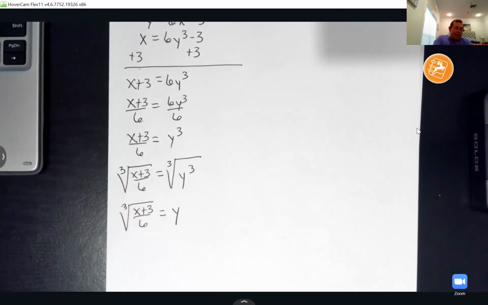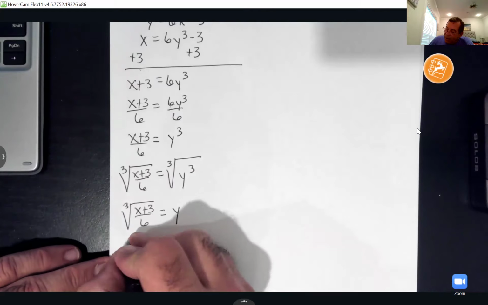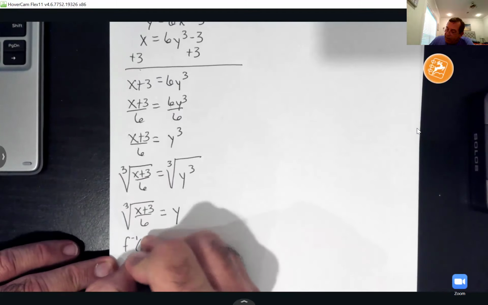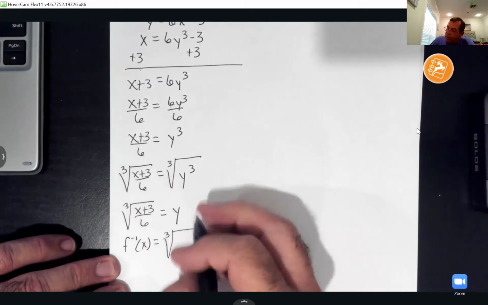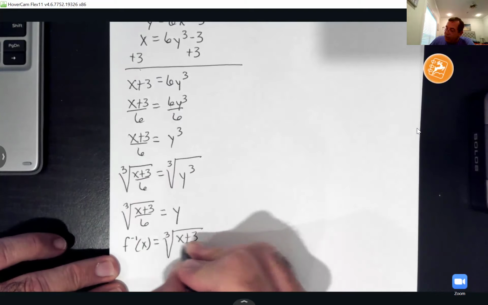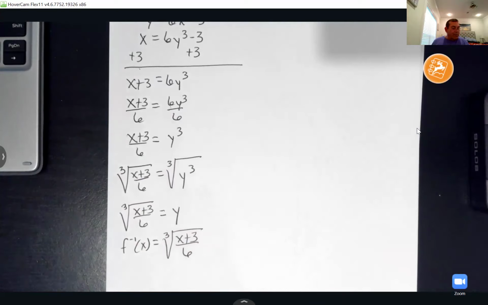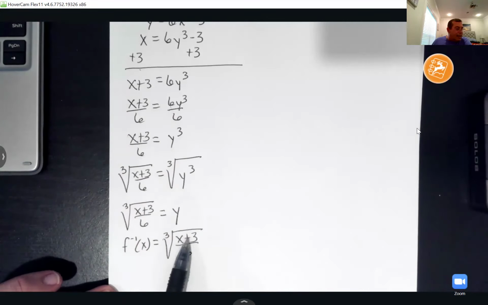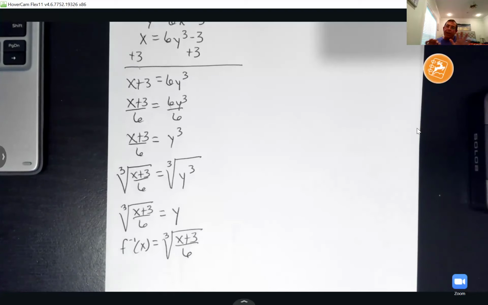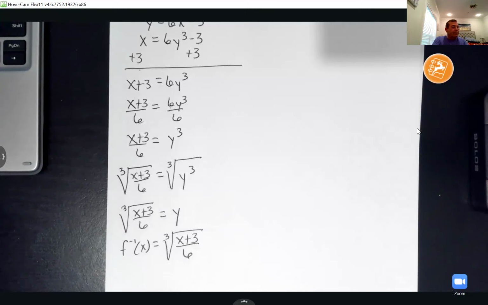Then they write it with that f inverse notation. But it's just going to be the cube root of the x plus 3 over 6. Now remember, all of this is up under that radical, okay? They're going to vary the answers. You got to have the one where everything is up underneath it, okay?